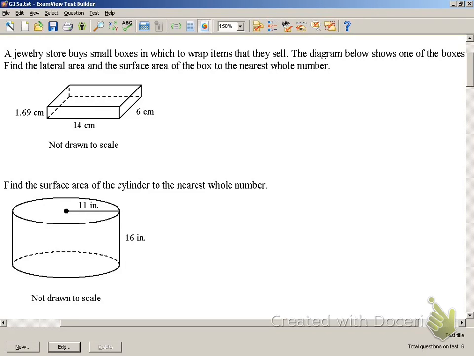If we're talking about lateral area and surface area, first of all, we need to know what shape this is. This is a prism. And when we're talking about prisms, the lateral area for a prism would be the perimeter of the base times the height.